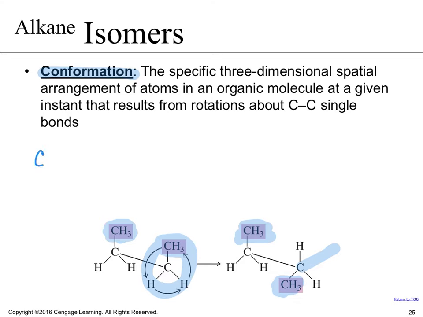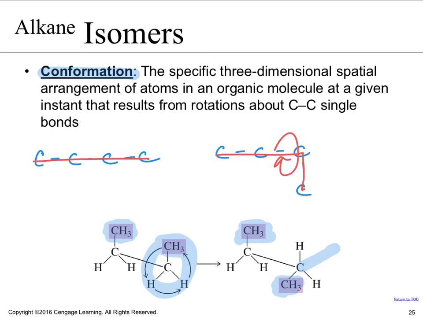So as an example, here is a 4-carbon chain. If I wanted to answer the question, is this an isomer? The answer is no. So even though it looks like things are moved, I have a 4-carbon chain in both examples. All I did was rotate. So I rotated around this single bond to flip that last carbon down. I could have flipped it up. I could have rotated something in the middle.